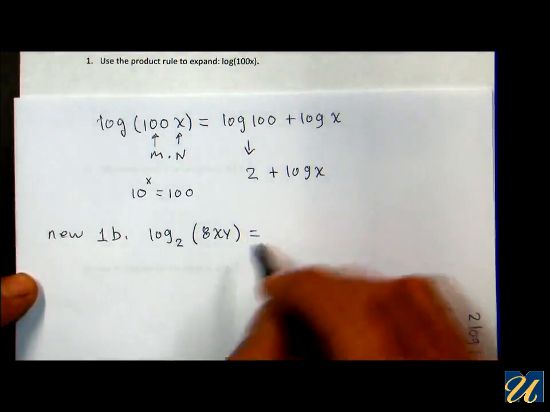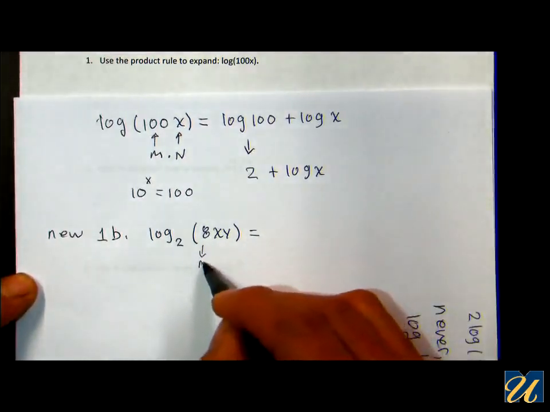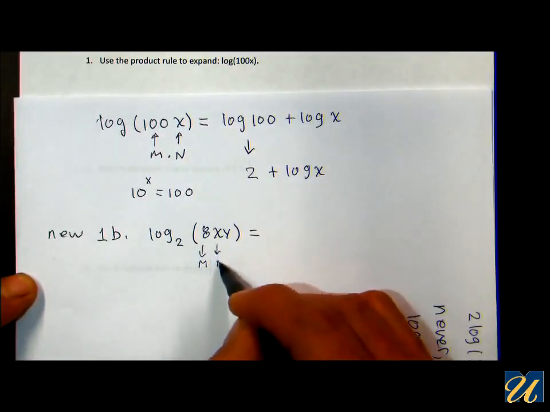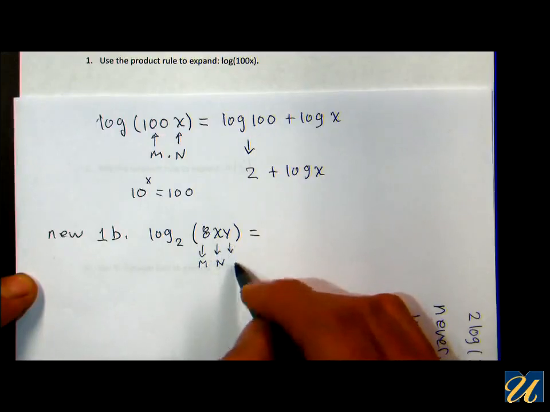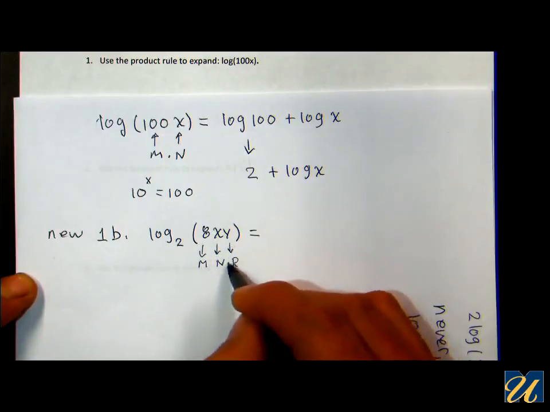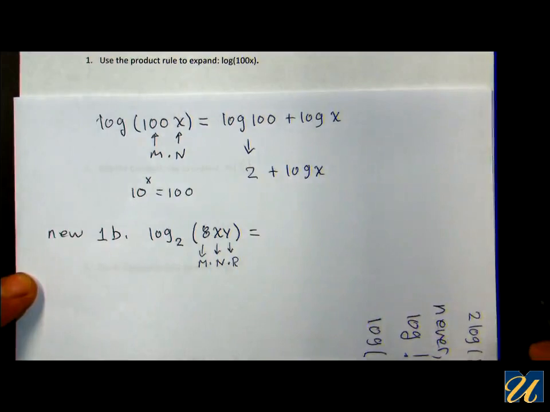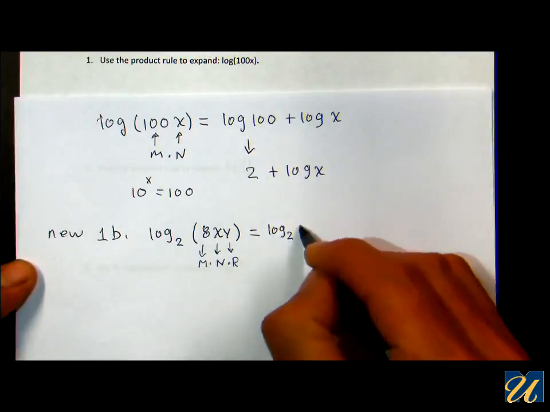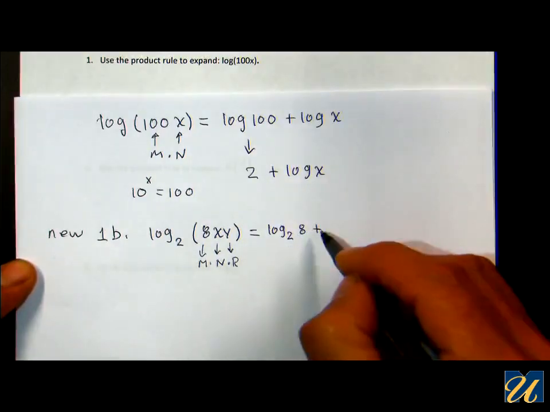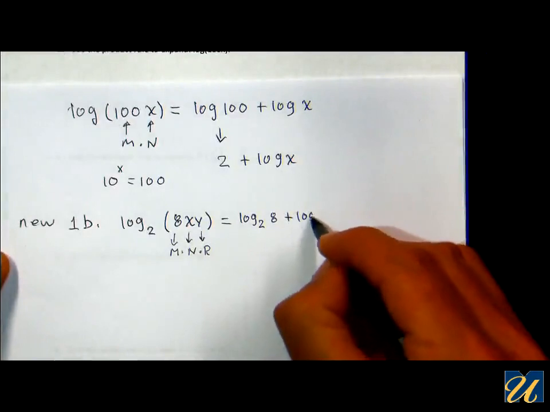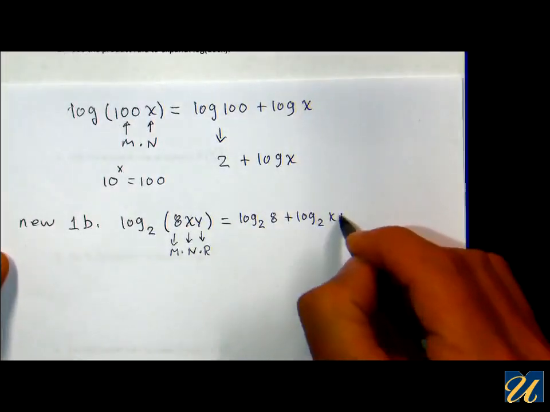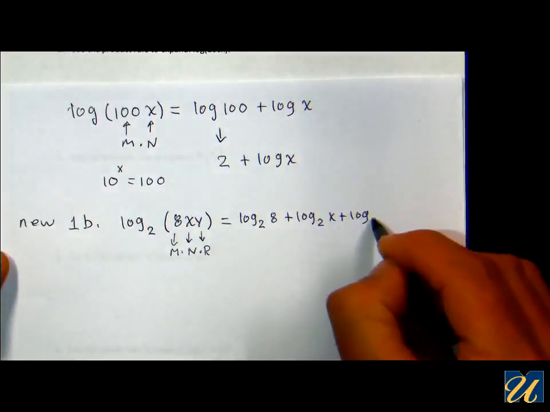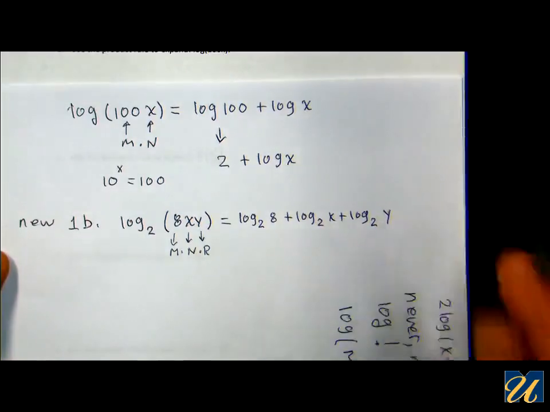This will expand, here you have m, here you have n, and here you have r, and they're multiplied together. So that expands to be the sum of the logarithms of each piece. Log base 2 of 8 plus log base 2 of x plus log base 2 of y.